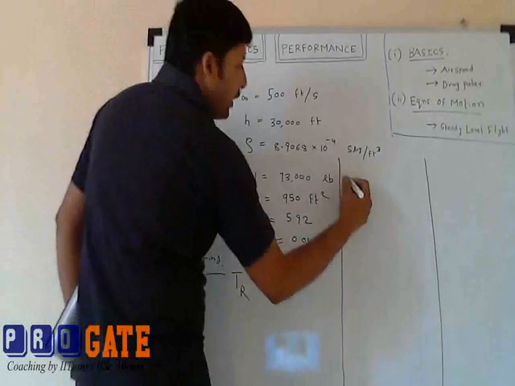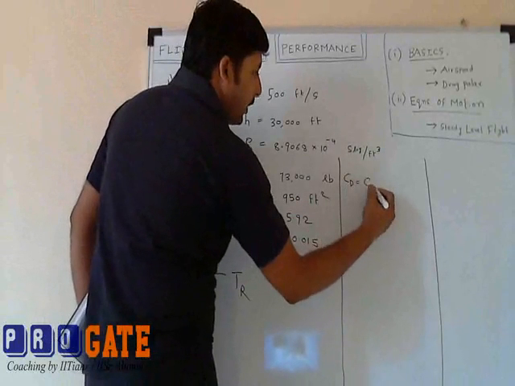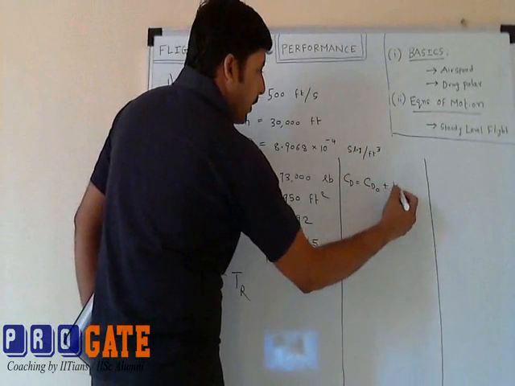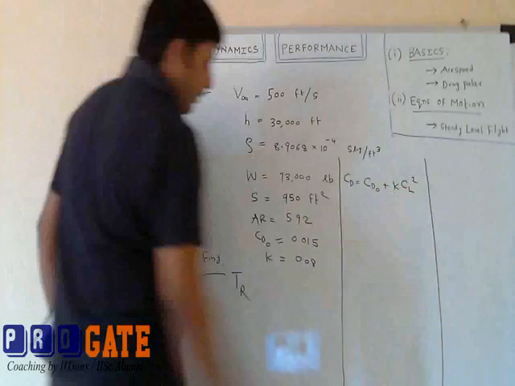Now we know CD is given by CD naught plus K CL square.